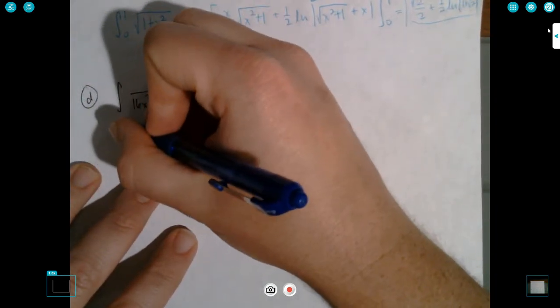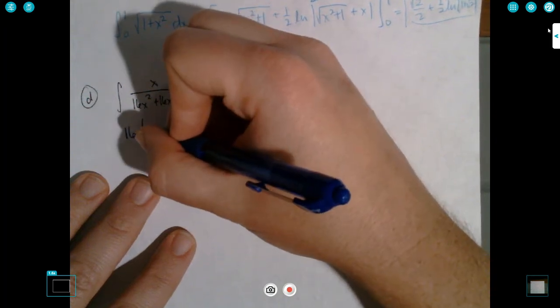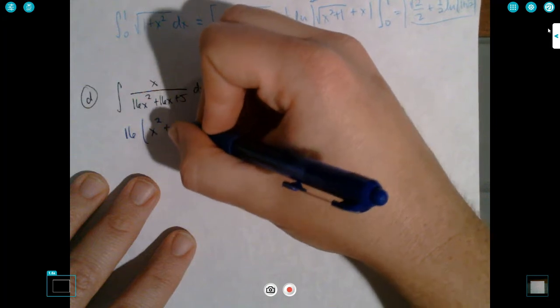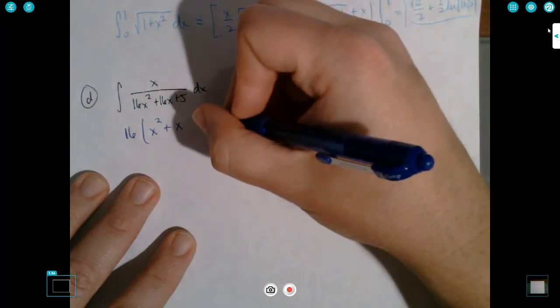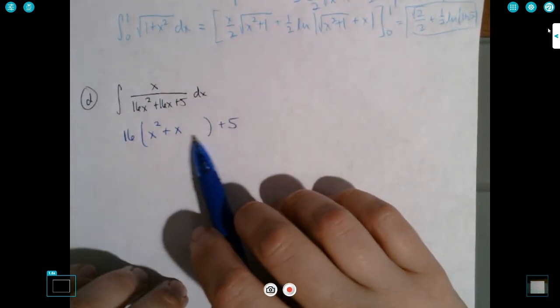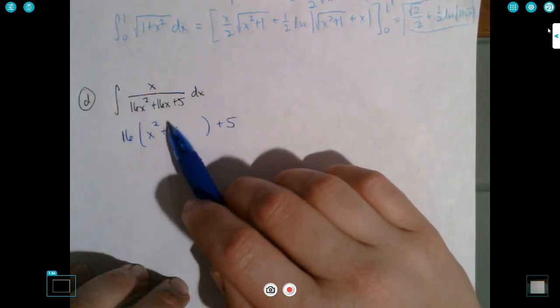So I can factor out a 16 and get x squared plus x. And then the 5 maybe I'll leave out here, because I want to fill this in with whatever's needed to complete the square. So to complete the square, I do half b squared.